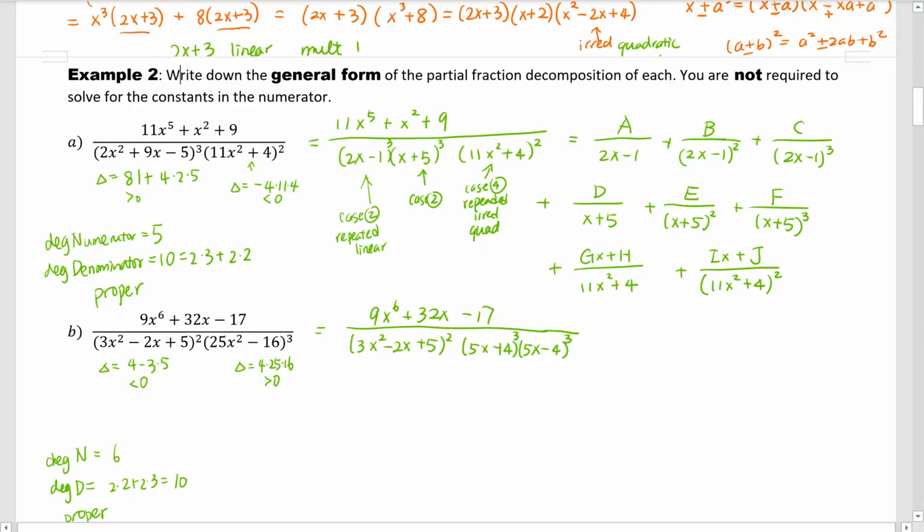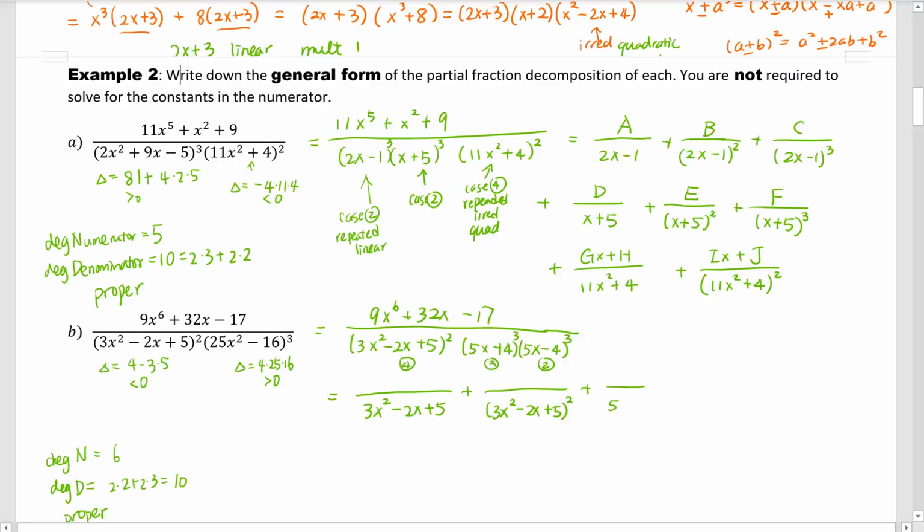Then this example is very similar to the previous example, right? So we have 3x squared minus 2x plus 5. This is case 4, right? So then you increase the copy. And then this one is case 2.